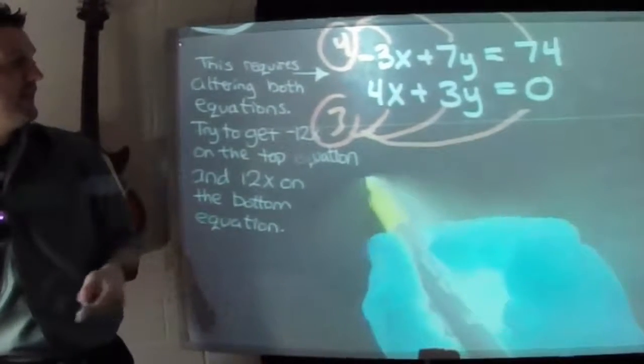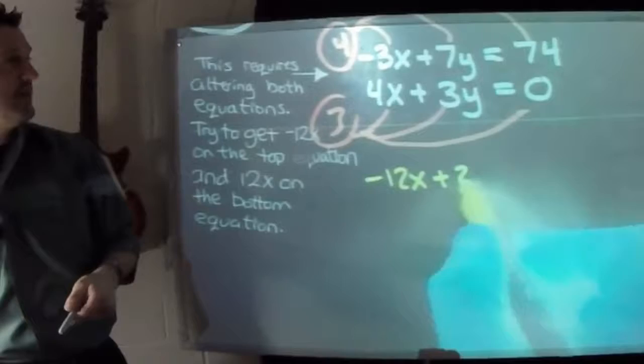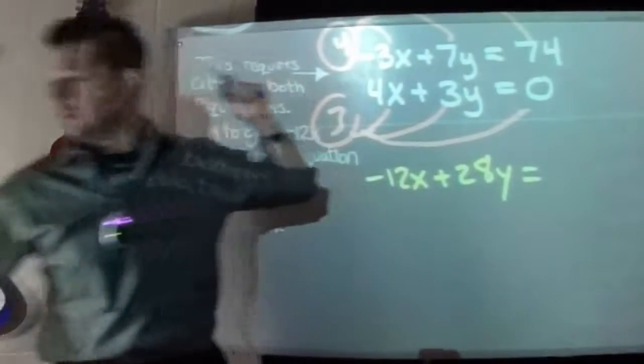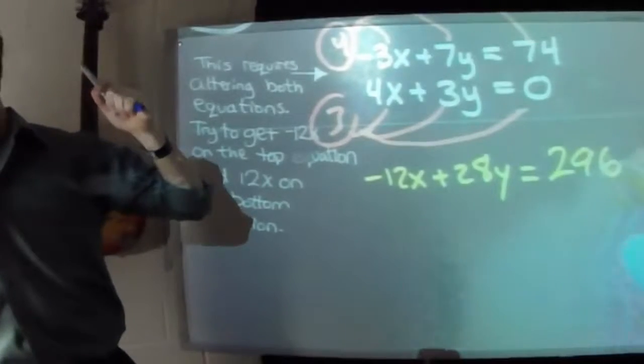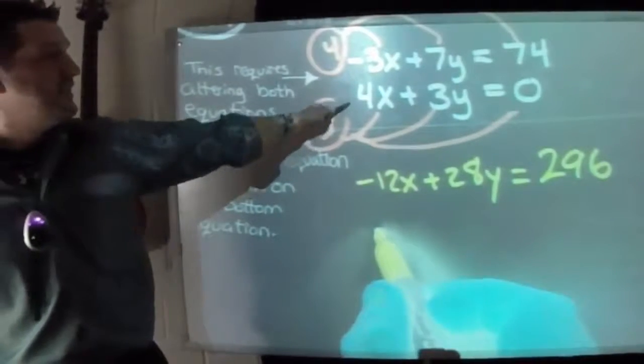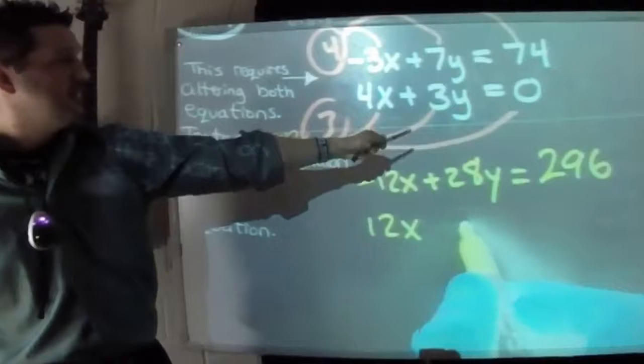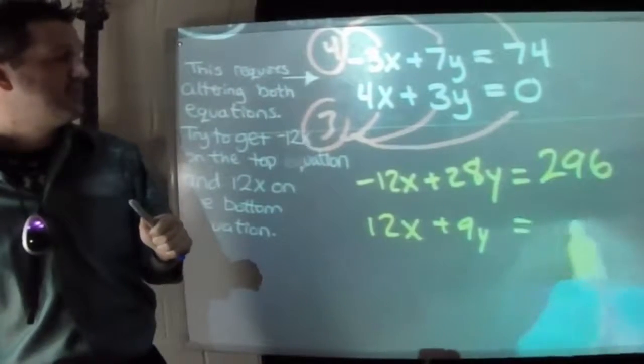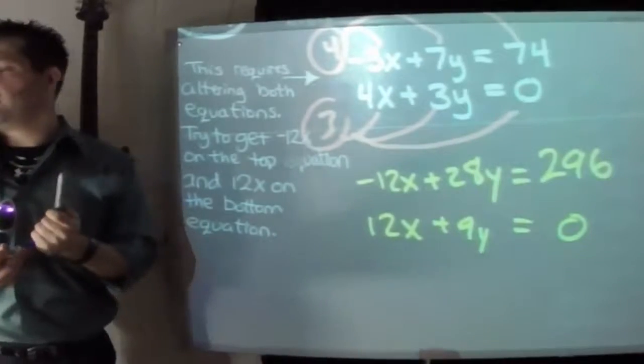Alright, so negative 12x plus 28y, and then somebody do this big one for me: 296. The next one has a 0 in it, and 0 is easy. 12x, 9y, and this is good. 3 times 0 is 0. Don't let that confuse you. Please don't put 3.